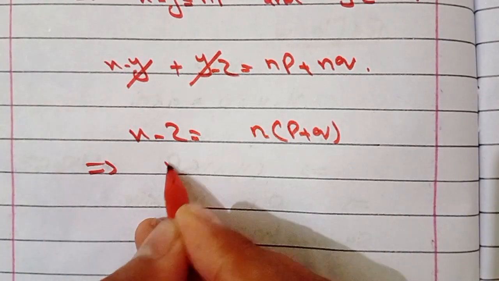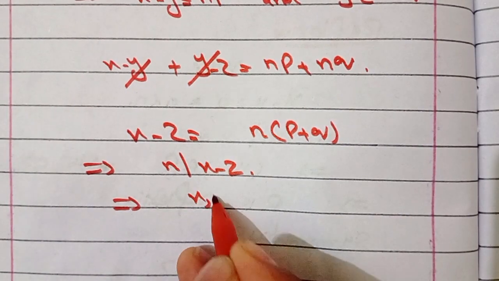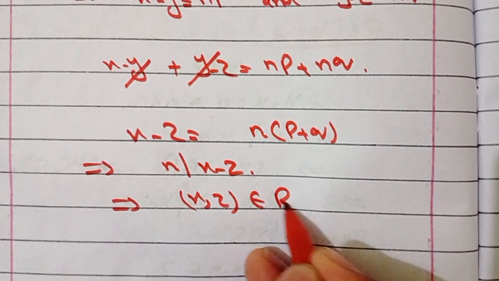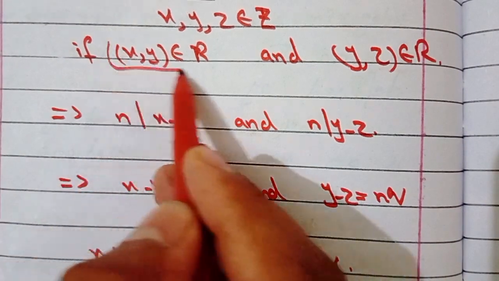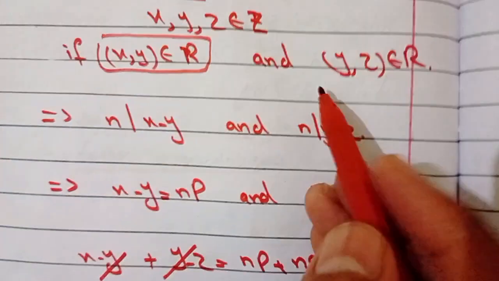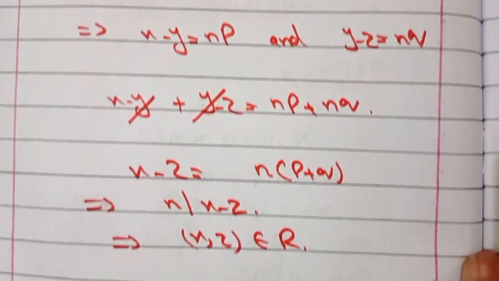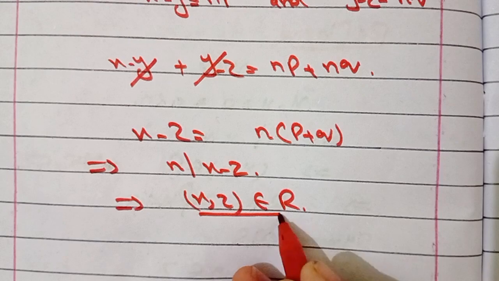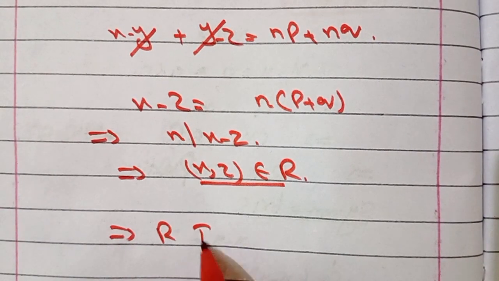This implies that n divides x minus z, and this implies that (x, z) belongs to the relation R. Earlier we considered that (x, y) belongs to the relation R and (y, z) also belongs to the relation R, and we showed that (x, z) also belongs to the relation R. So it means R satisfies the transitive property.